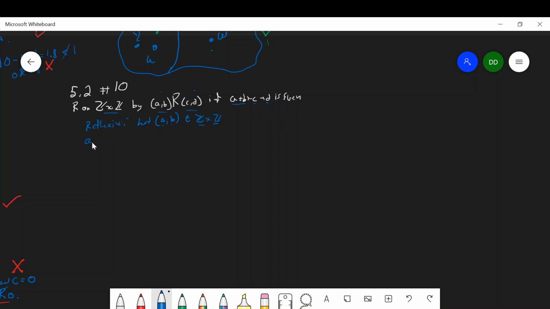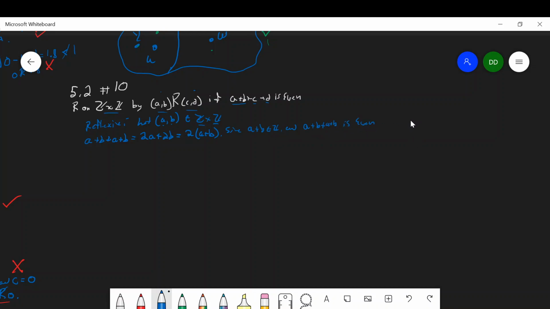So let's compute that. A plus B plus A plus B is what? That's 2A plus 2B. Notice I can factor 2 out. That's 2(A plus B). And since A and B are both integers, A plus B is an integer. That follows that A plus B plus A plus B is even, right?